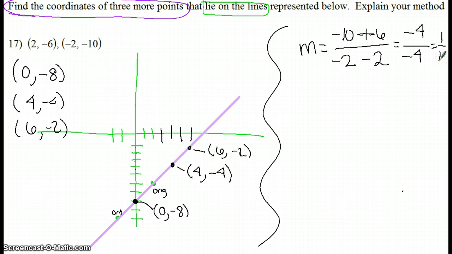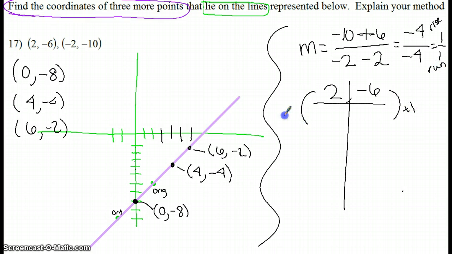I can then take one of my original points, 2, -6, and I can add my slope. This is my rise, which will be added to my y value. This is my run, which will be added to my x value. So I can take 2 plus 1 is 3, -6 plus 1 is -5.